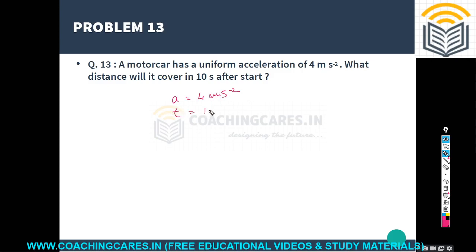Time is given here, 10 seconds. What we have to calculate is the distance, s, that is the question mark. So motor car is at rest initially, we can assume. So this initial velocity u will be 0.